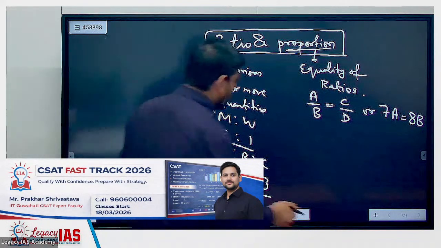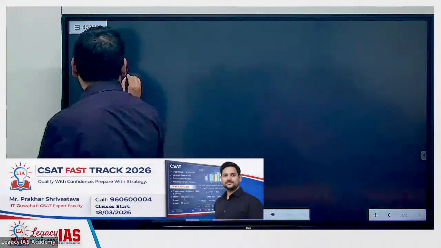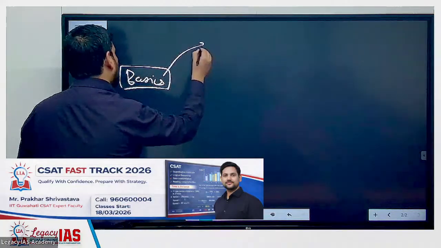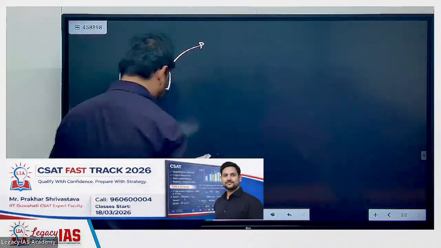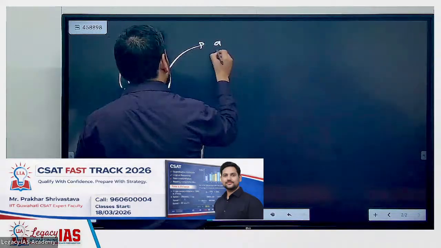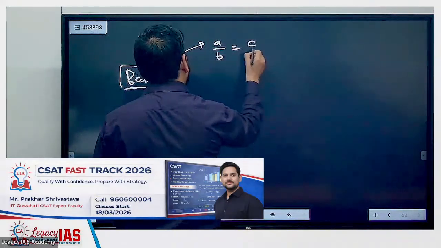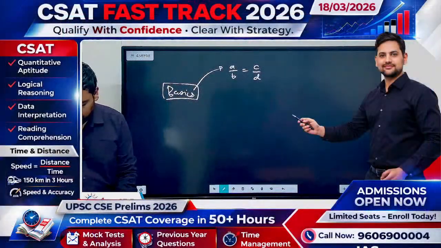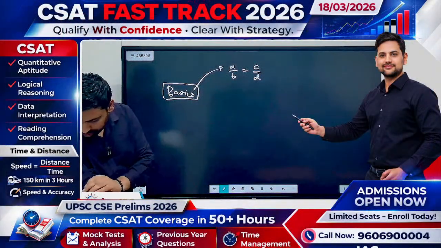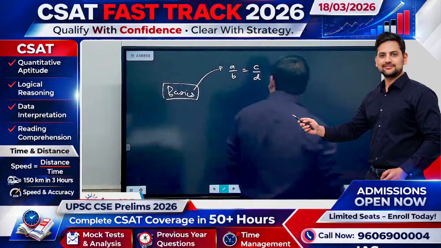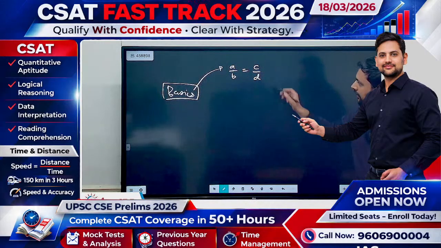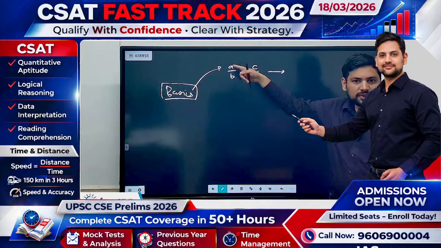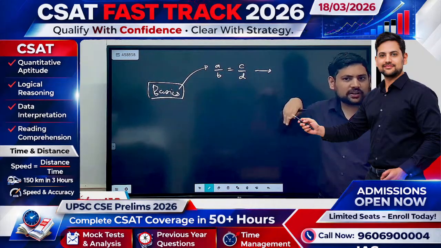Now, let's see the very basics of it. Now, if this is given to you, from this, what I can say, I can multiply the numerator and denominator by the same number.